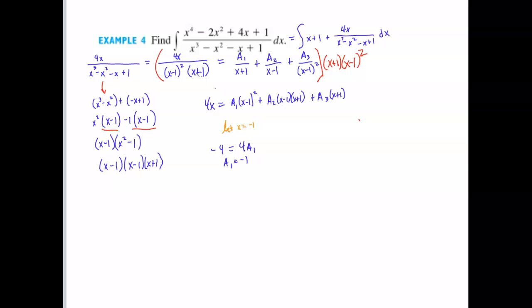Well, let's do that. That'll let us solve for A3, right? So let's let x equal 1. All right, then this term is gone. That goes to 0. This term is gone. That goes to 0. And we're left with 4 equals 2A3. So A3 equals 2.